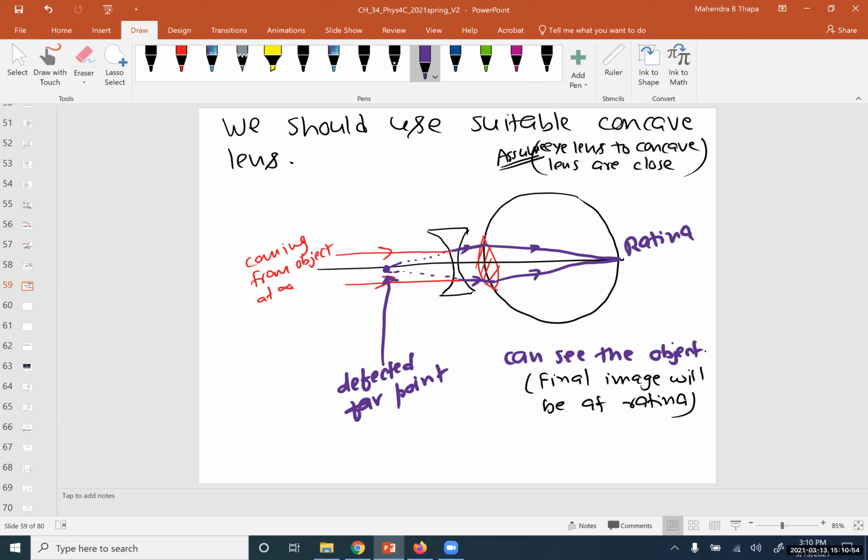So looking at that, we can find the focal length of the lens.